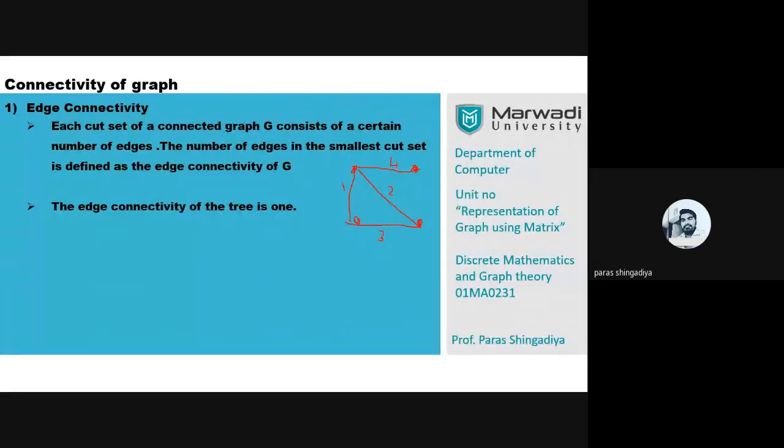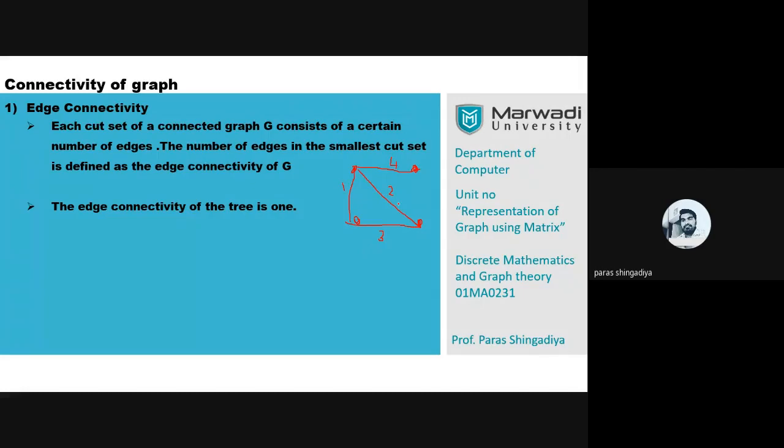Now find all the possible cut sets of this graph. Which are the possible cut sets? {2, 3} is one cut set, {1, 3} is the second cut set, {1, 2, 4} is the third cut set, and singleton {4} is the fourth cut set.